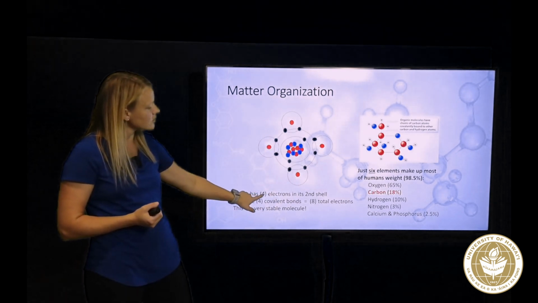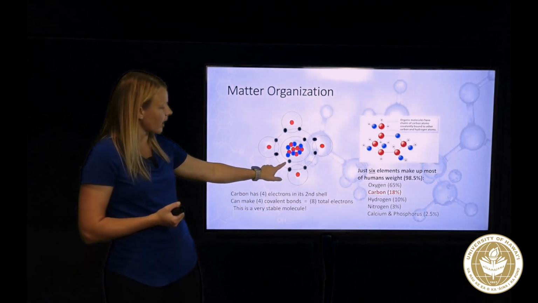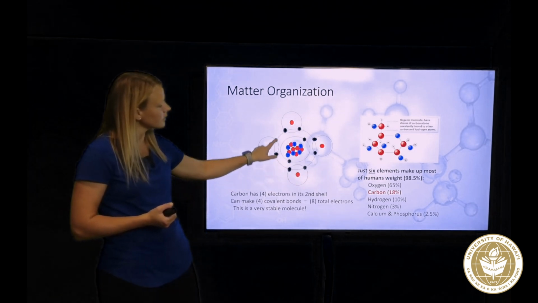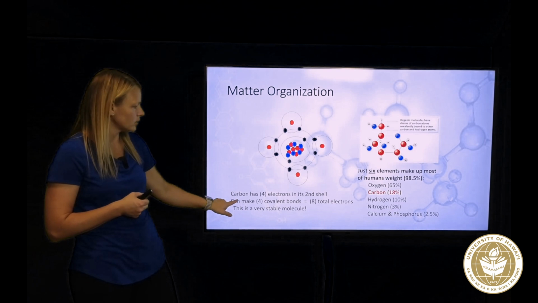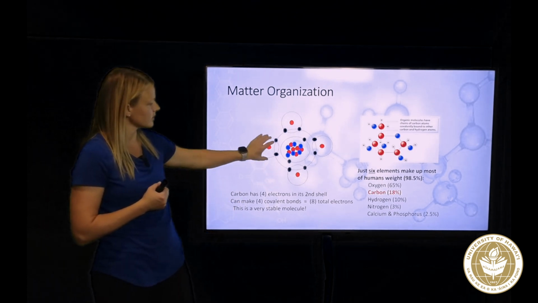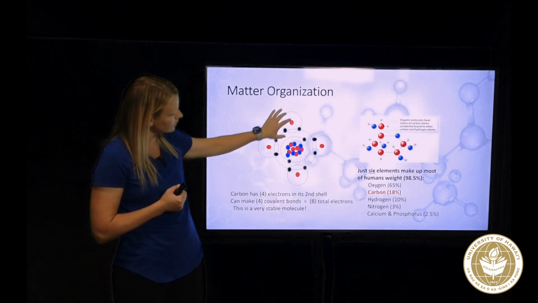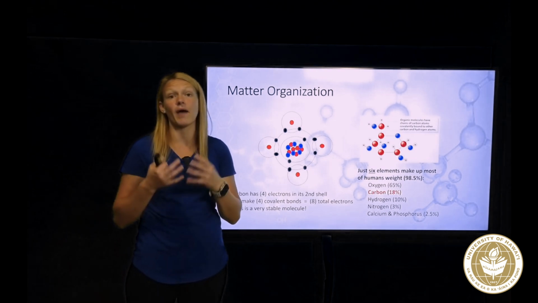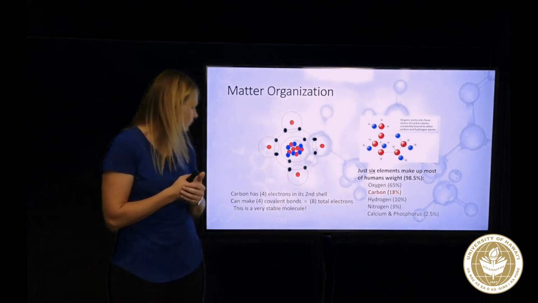So carbon has 4 electrons in its second shell. So you can see 2 in the first shell, and then it has 4 on the outer shell. So it's able to form 4 different covalent bonds. So you can see the covalent bonds here, 1, 2, 3, 4, right? Just kind of to give you an example of how many covalent bonds it can form.